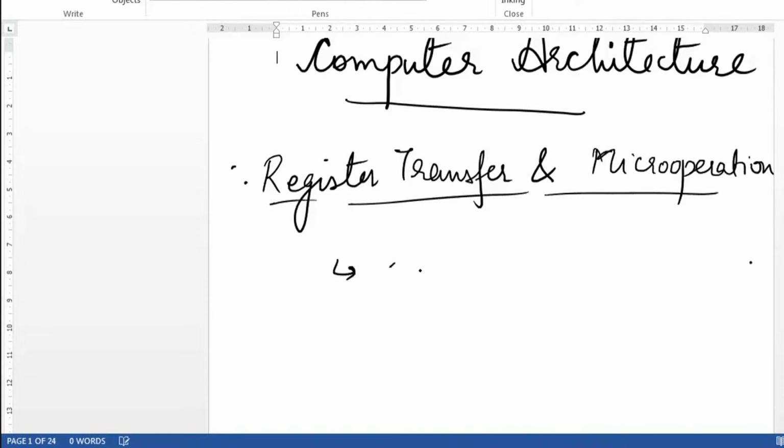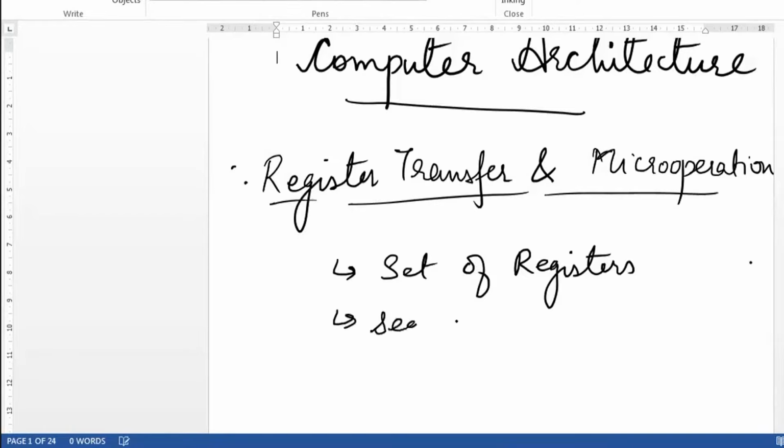It has a set of registers with different functions. Then a sequence of micro operations. These are sequences of micro operations which are performed on the data which is present in the registers.